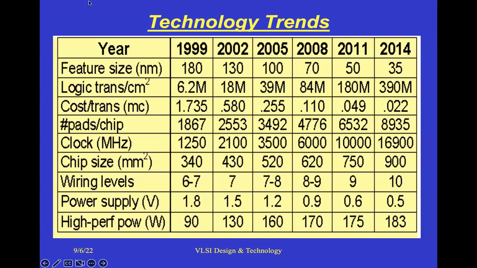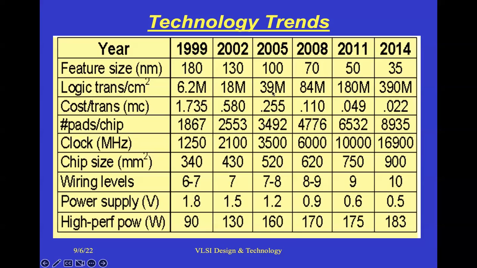Okay, so as you can see, 180, 130, 100, 70, 50, 35, right? So way back in 14, we were able to have 35. That's the feature size, nanometer. Next, if you can think of the transistors, right? Phenomenal increase, right?